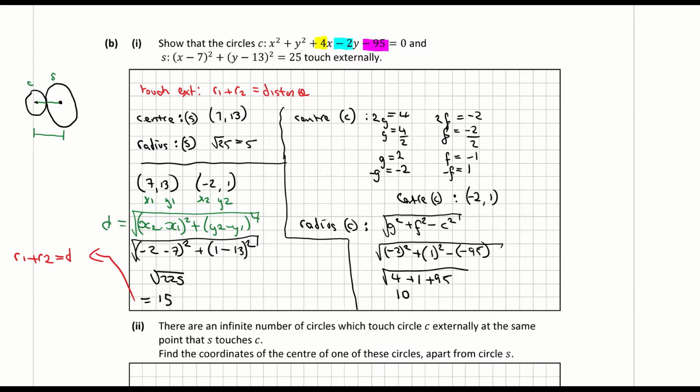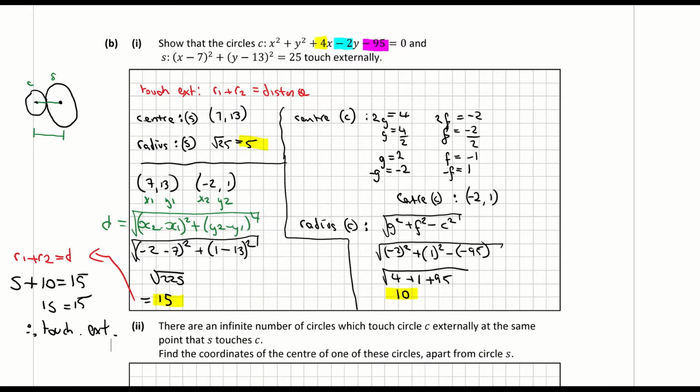My radius 1 is 5, so that's my first value. My radius 2 is 10, and I put that in. That should equal the distance between the 2 points, which is 15, and it does. 5 plus 10 is 15, which is equal to 15, which is therefore touching externally.